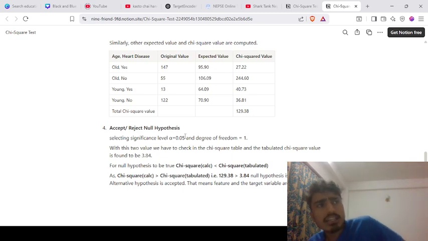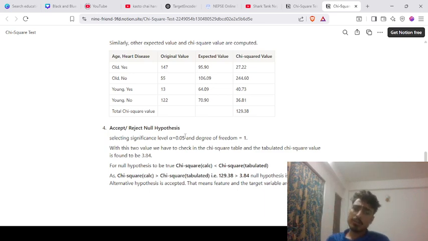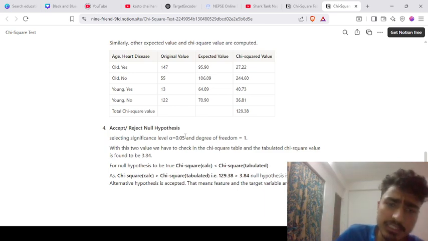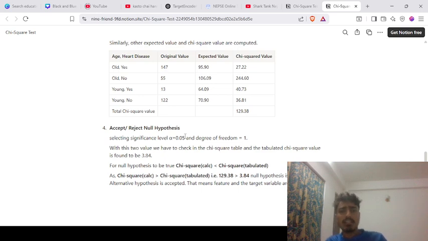Normally, in multiple cases, if a significance level is not mentioned, then we take the significance level as 5%. That means here we have 0.05.